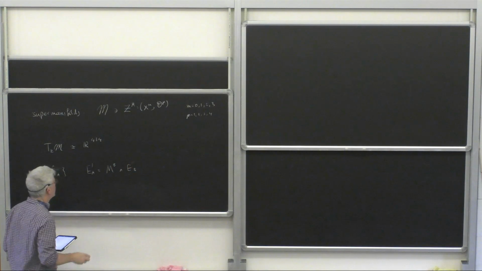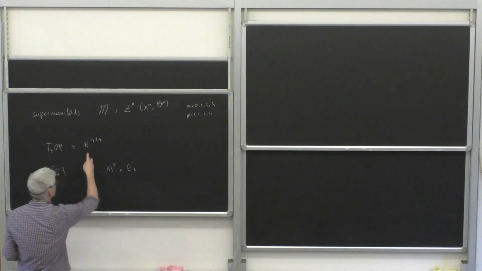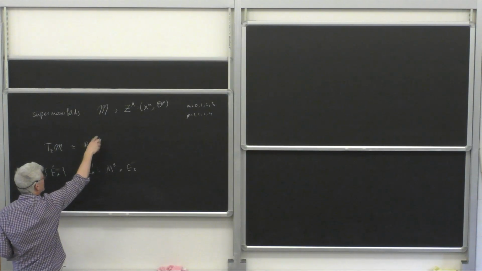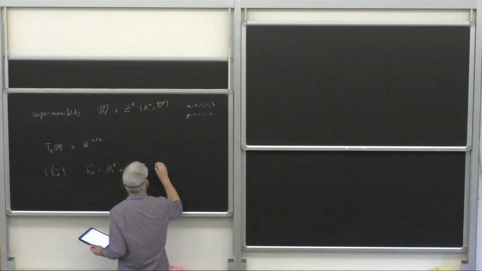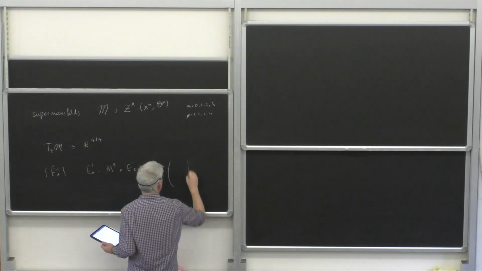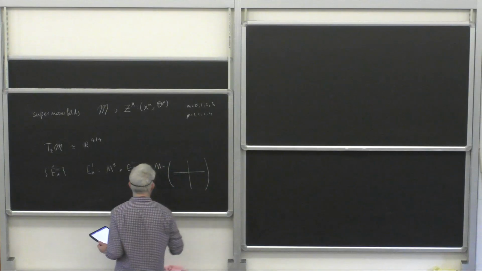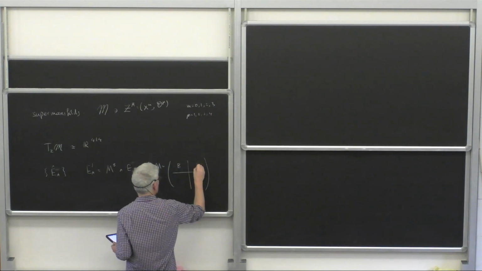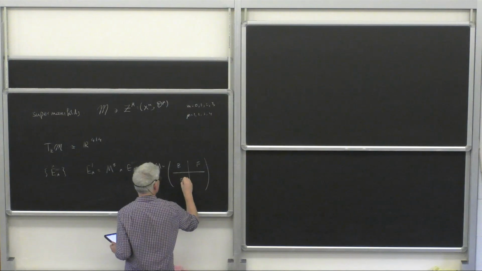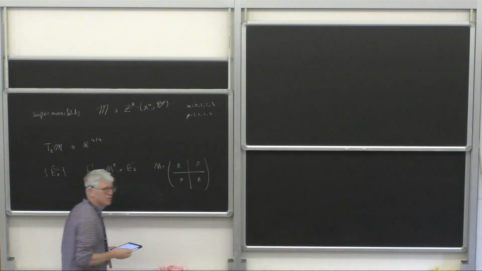And what kind of matrix is this? Well, it's a matrix which acts on this 8-component vector. So this M is split into 4x4 blocks. This block has to be bosonic, that block has to be fermionic, that block has to be fermionic, and that block has to be bosonic.